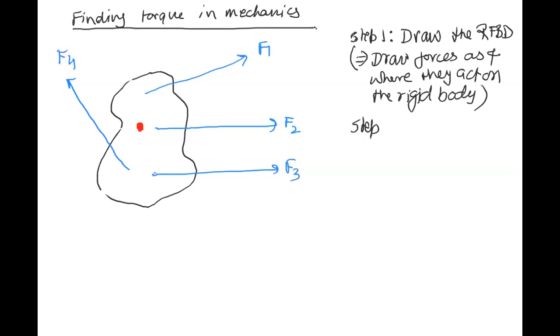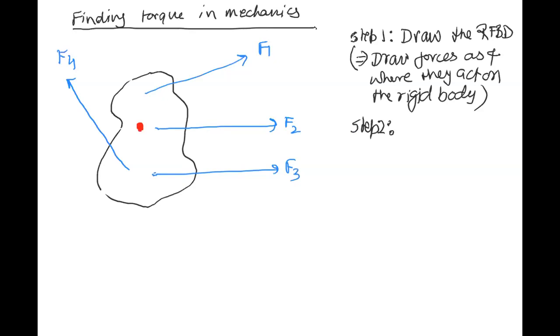Step 2. So unlike what we did in translation, we don't have to draw an axis here. We don't have to take components. Okay? This is extremely good. I find it very, very satisfying that I don't have to find components of forces.